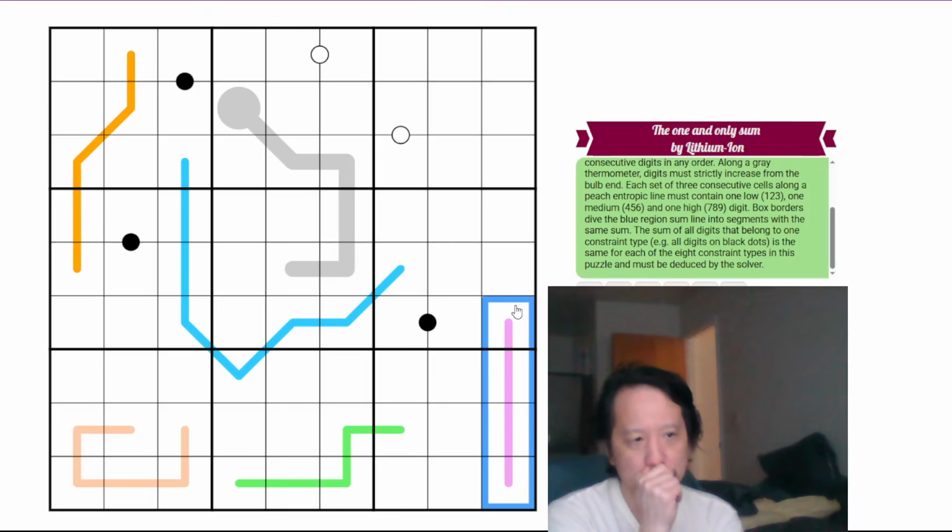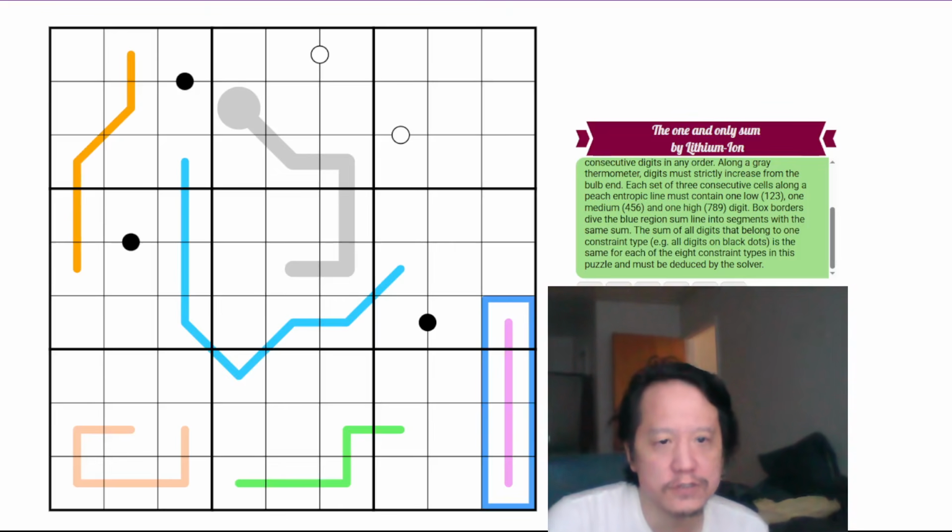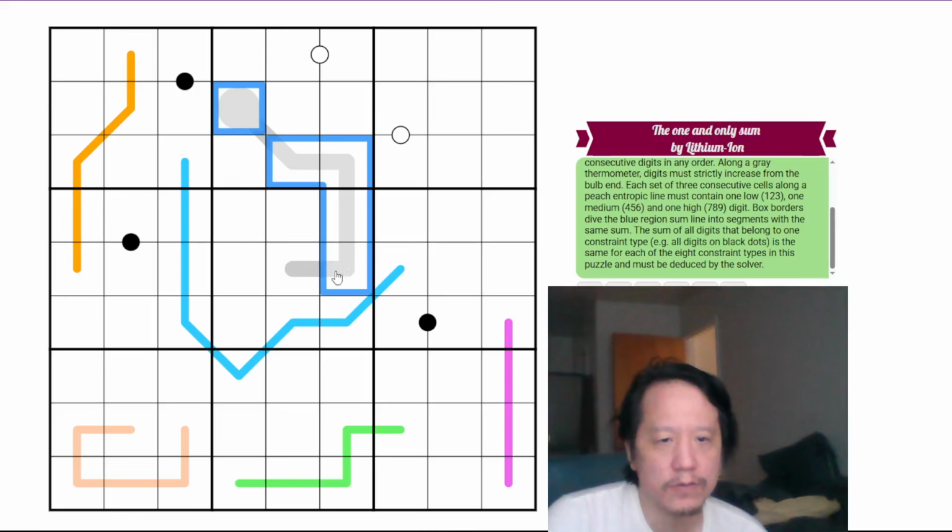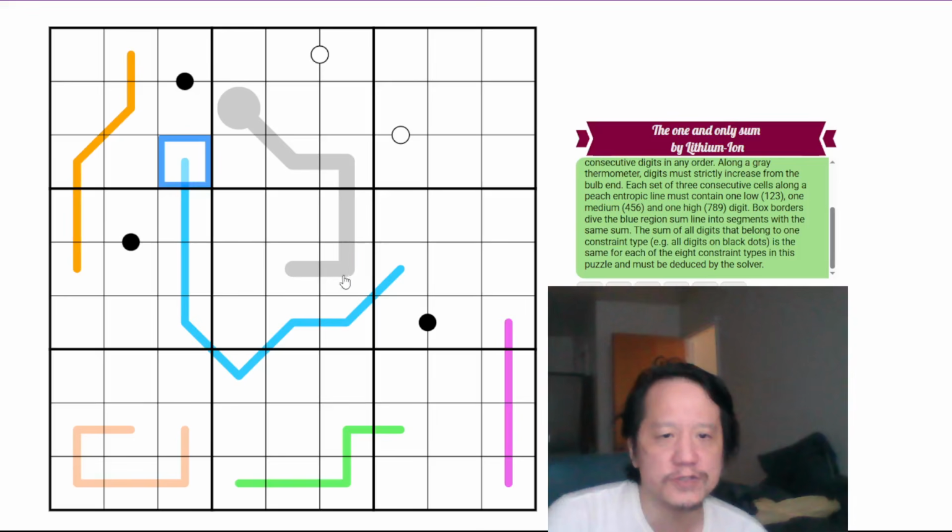Okay. What about the guaranteed minimum for any of these digits? We have here, these 3 digits must sum up to the same sum.